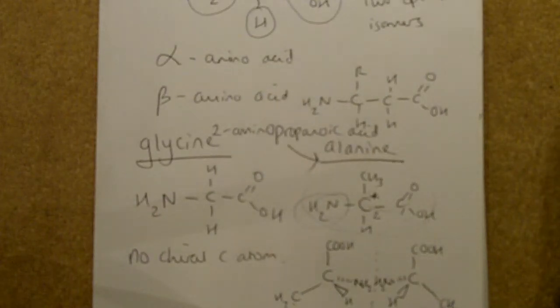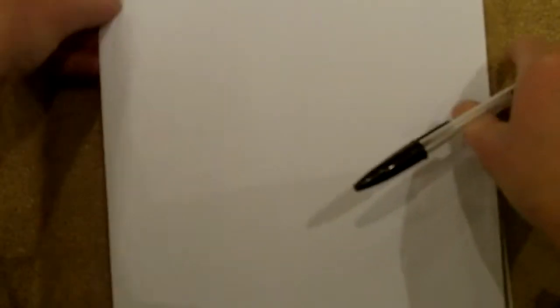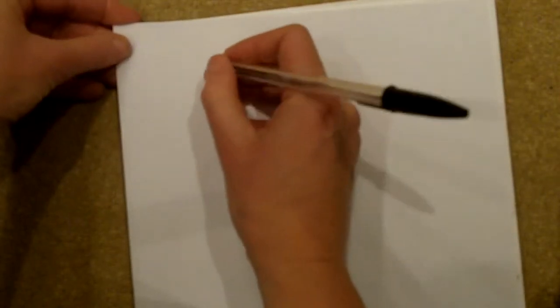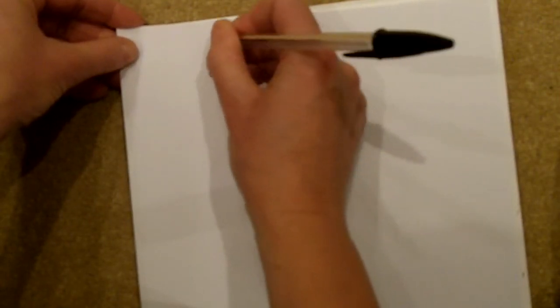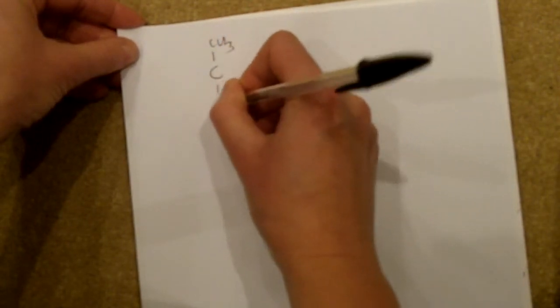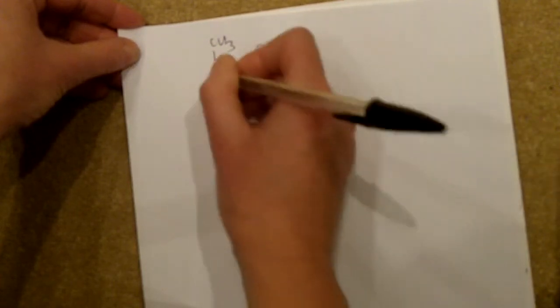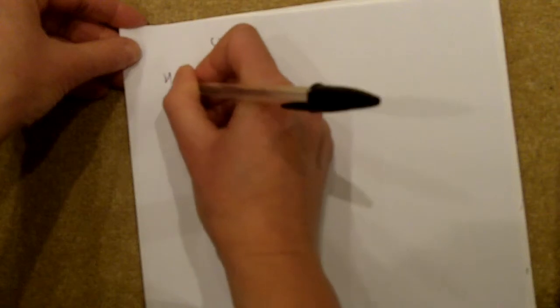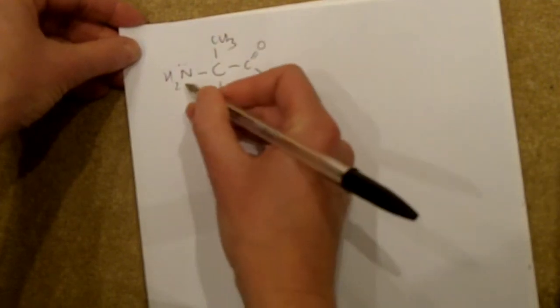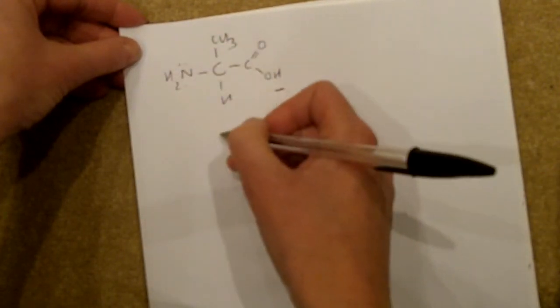Right? So what else do we need to know? It's quite special because it's got 2 functional groups in one molecule. If we take alanine again, you've got an acidic proton and you've got a base, an acid and a base, all within one molecule.